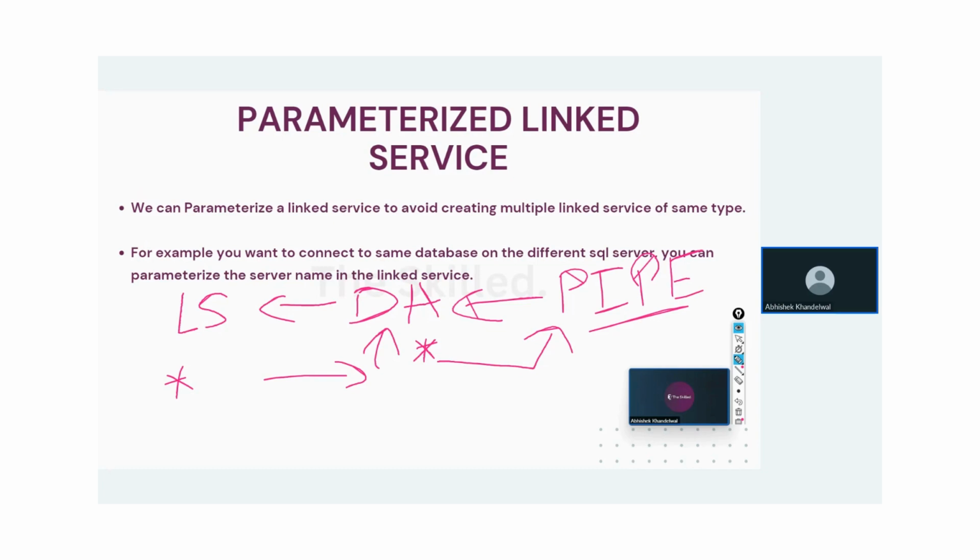I hope that is clear. So the pipeline can pass parameters to a dataset, and the dataset can pass parameters to a linked service. If you want to pass some linked service parameters directly through the pipeline, we need to pass that parameter first to the dataset, and then from the dataset to the linked service.